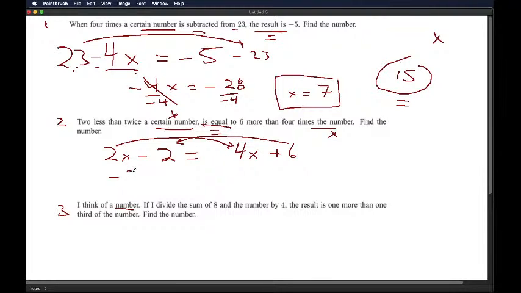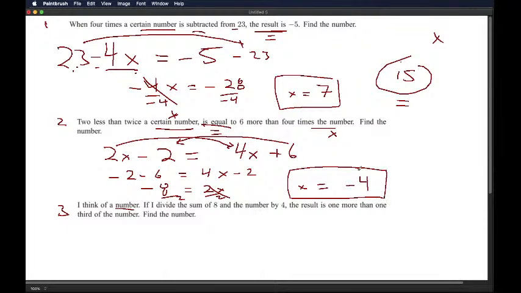So you have -2, -6 is equal to 4x subtract 2. And then you have -8 is equal to 2x. And divide by 2, divide by 2. You should get x is equal to -4.